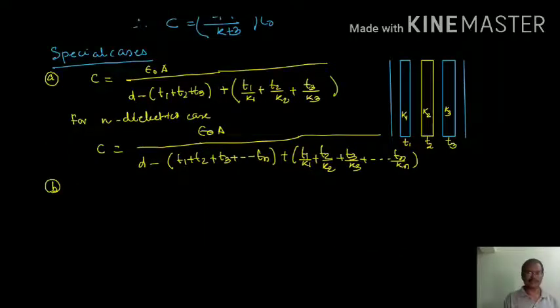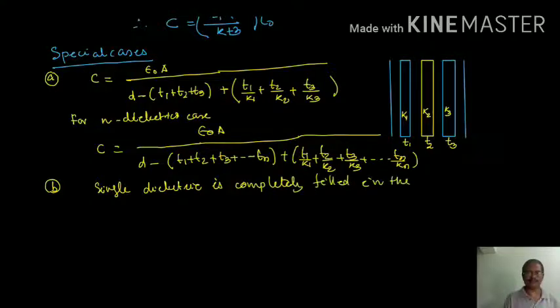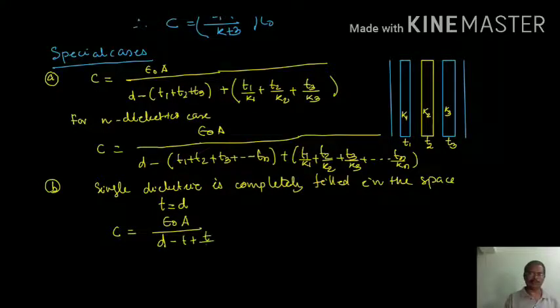If a single dielectric is completely filled in the space, that means t equal to d, then capacitance C equal to epsilon 0 A by (d minus t plus t by K).